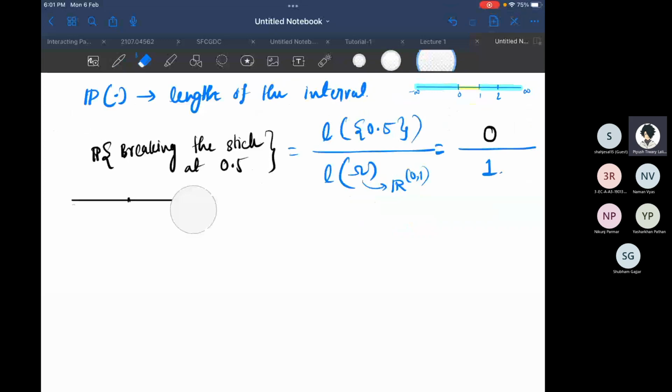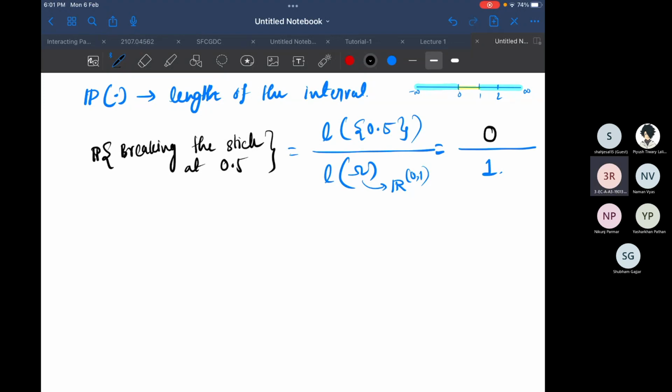Do you agree, or is it not agreeable? But the probability should be something, right? It's not probability, it's a probability measure. It's a measure that we are assigning, and that measure turns out to be 0 for this element here.